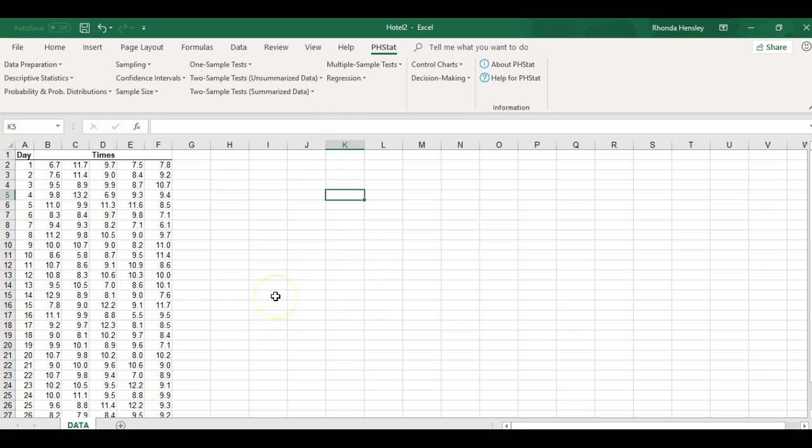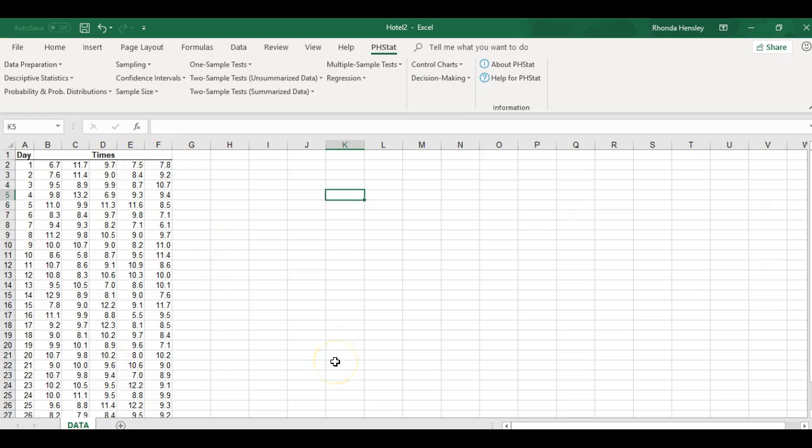It may not work. I can't remember whether I have to manually compute the X bar and the R in order to make this work, or whether it does it from the data looking at the range. For this one, I do know that you would not select the first row with the titles in it.